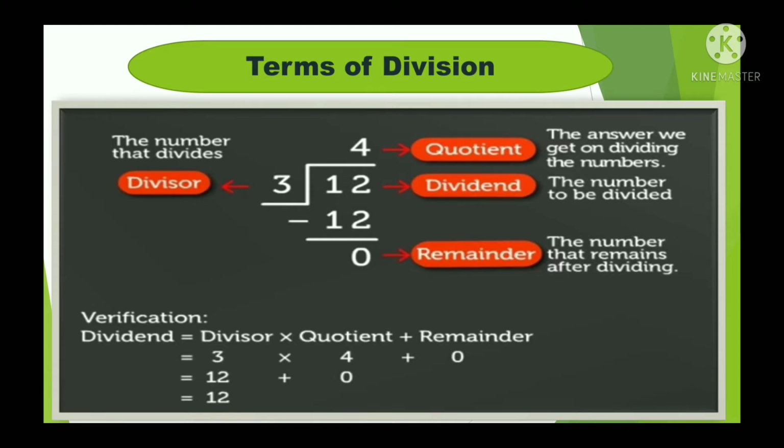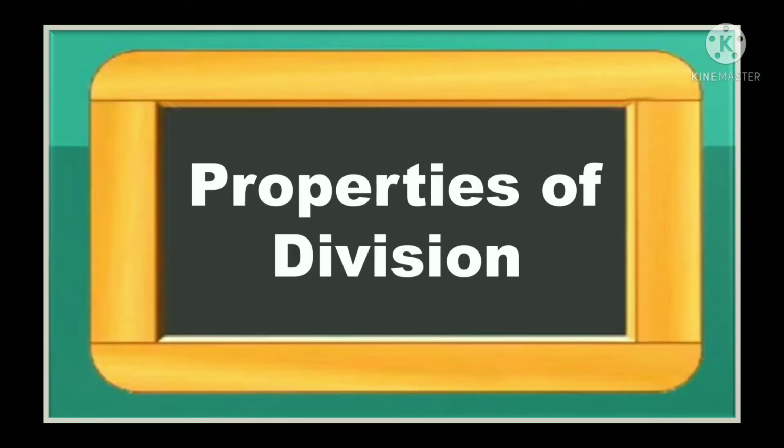At last, we add the remainder, 0, so we get 12, which is equal to the dividend, as you can see from the question.